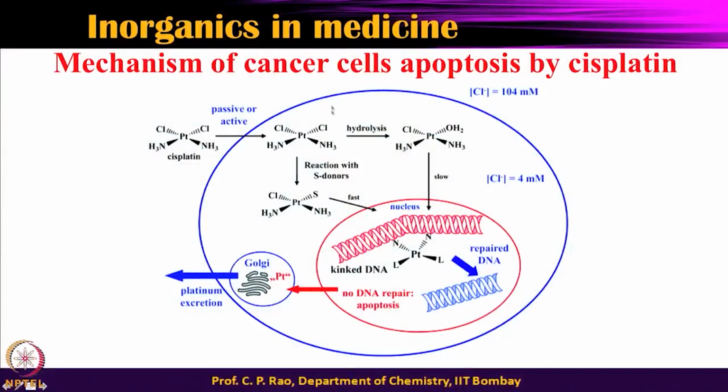Okay, so, what are we trying to look at? We are trying to look at how this functions. Let us look at some features of the mechanism of cancer cell apoptosis. Apoptosis is programmed cell death, and I will come into details in one other lecture.